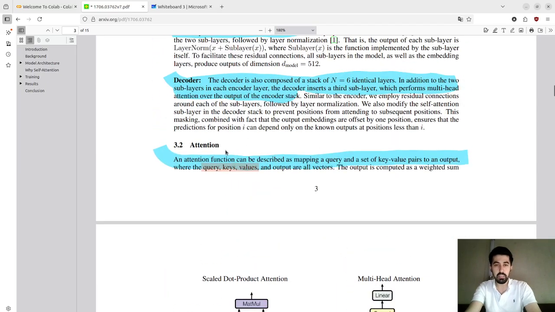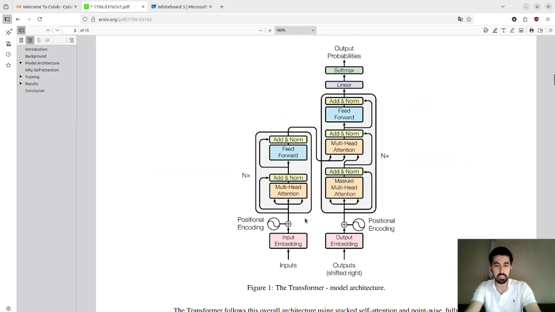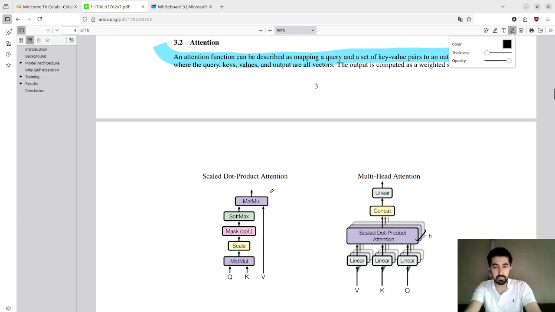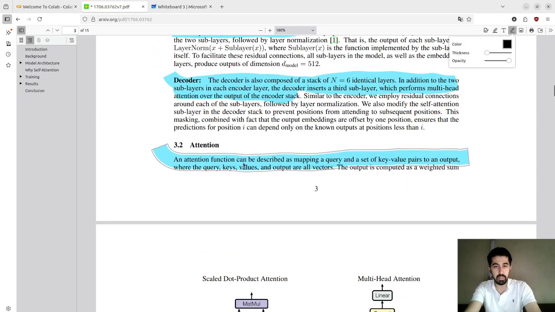So first, attention. Attention is this part over here. Attention, as described in the paper, is a function that, given a query, a key, and a value, gives us the output.